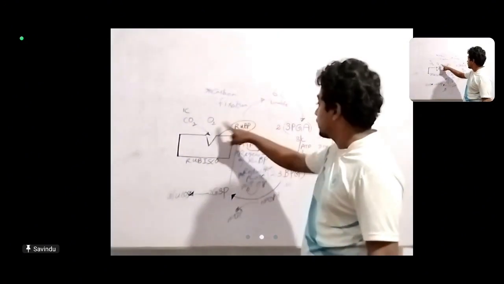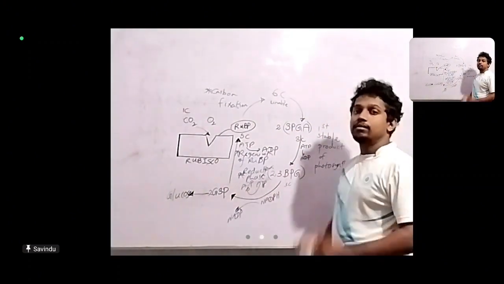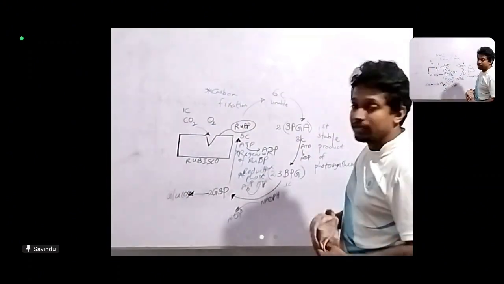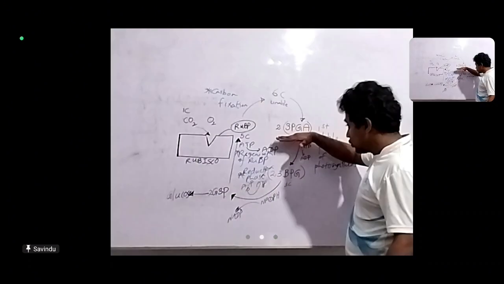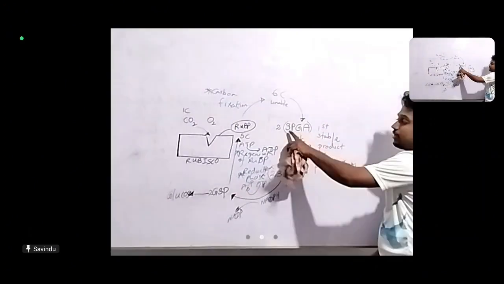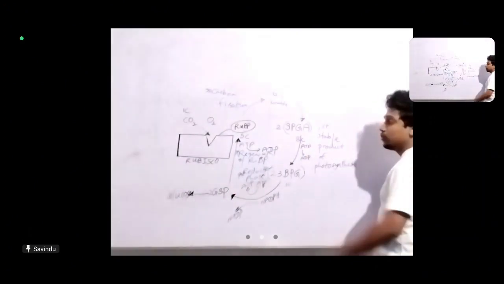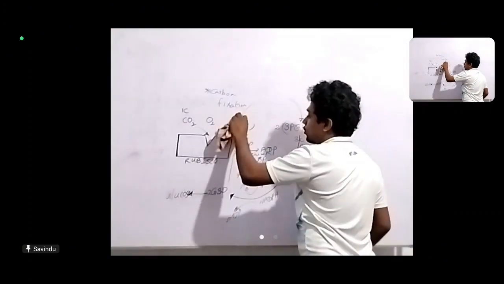What happens? They combine and make a 6 carbon unstable molecule, but it is divided into 3 phosphoglycerate molecules. So RuBP is like that.